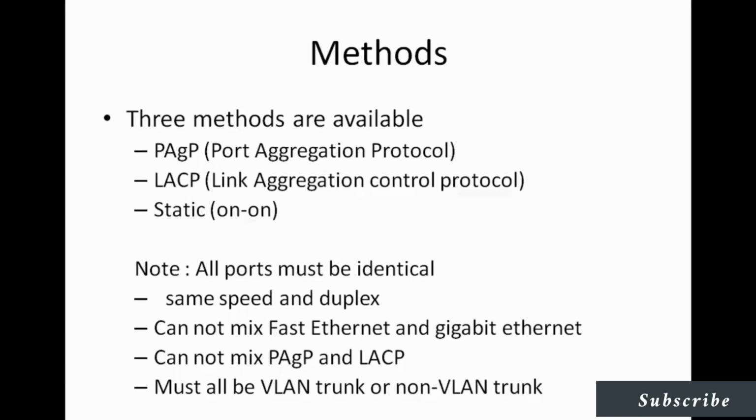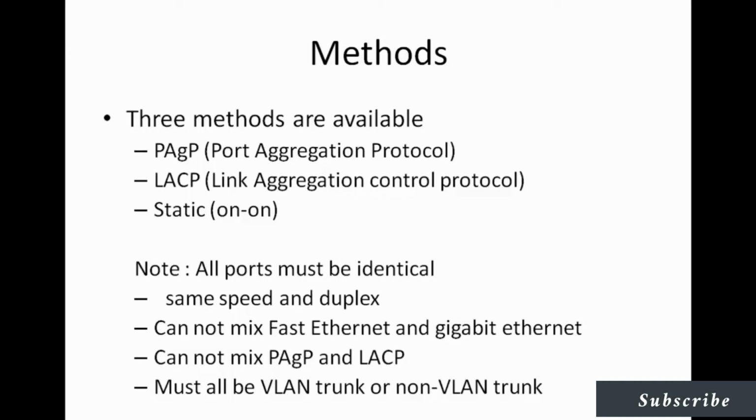Before creating an EtherChannel between 2 switches, take care of the following conditions. The speed should be the same on both sides, as well as the duplex, either full duplex or half duplex, the same on both sides. We can't mix Fast Ethernet and Gigabit Ethernet.